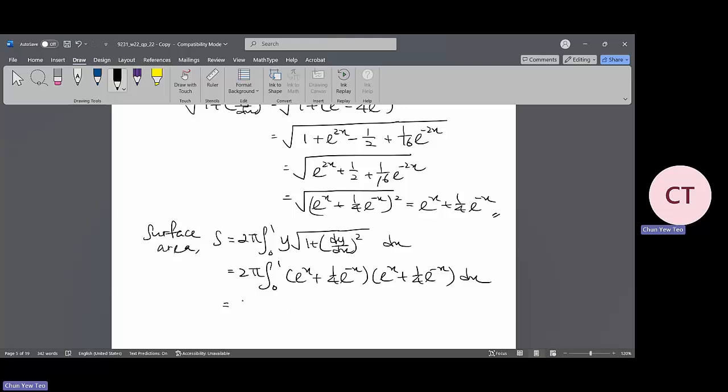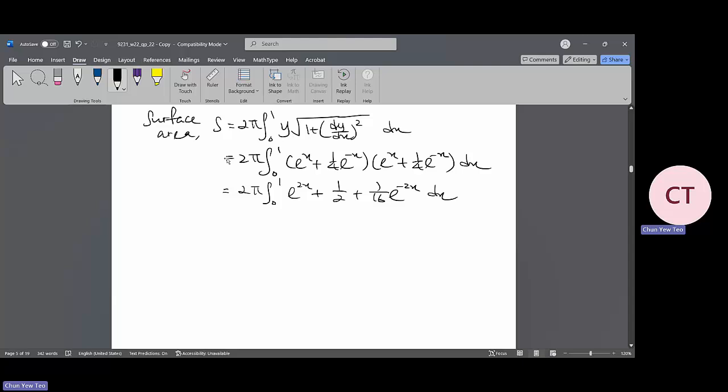So if you expand them, you will get e^(2x) plus the half plus the 1 over 16 e^(-2x) dx. So not difficult, just direct integrate, provided you need to be very familiar with the integration formula.